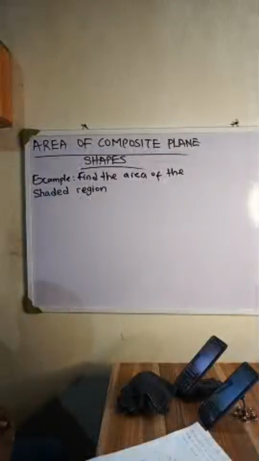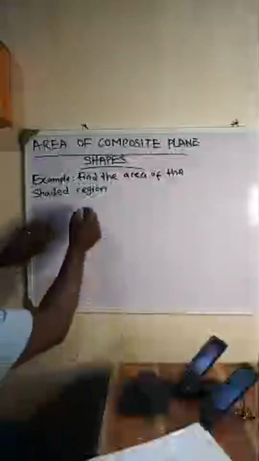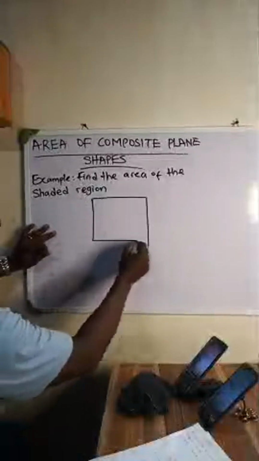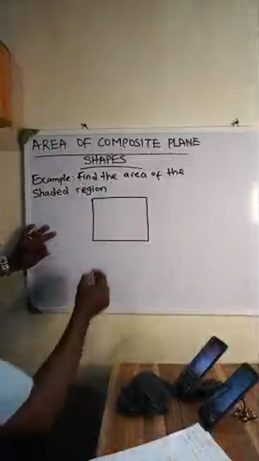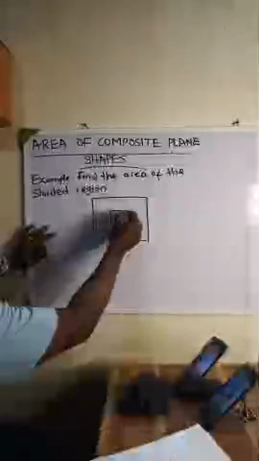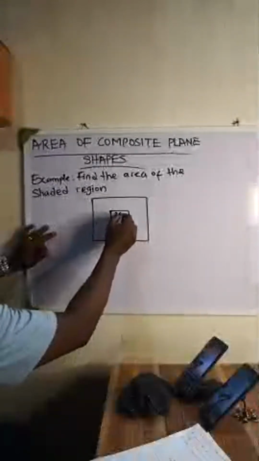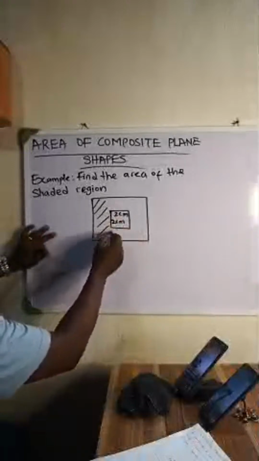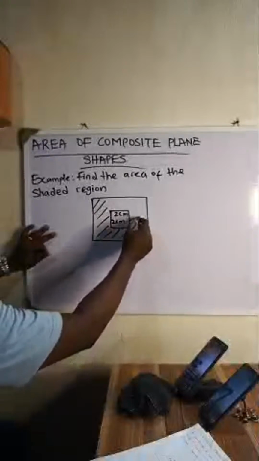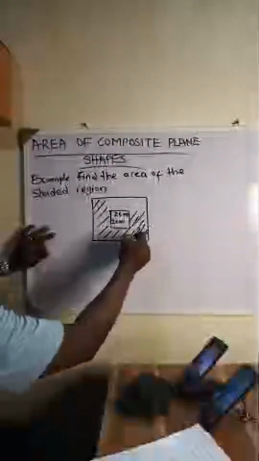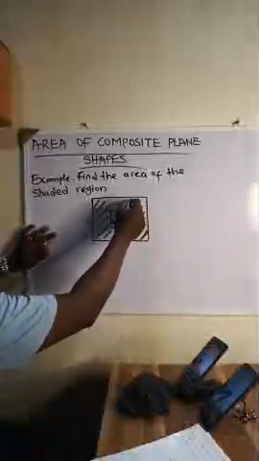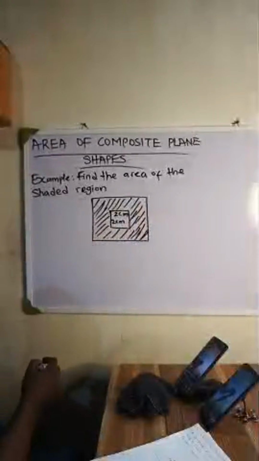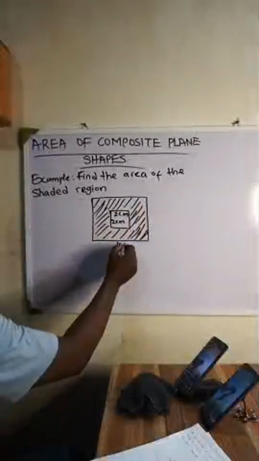So we're expected to find the area of the shaded region. So you have this shape. Here is 10 centimeter.